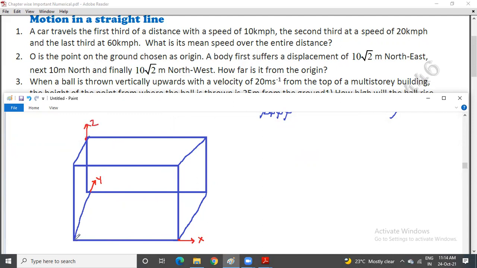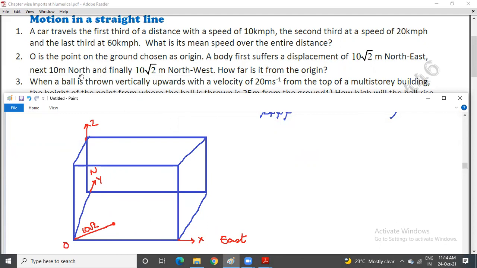Now body first suffers. So you also treat it as north. This is east. So body first suffers 10 root 2 northeast. So let us say this is 10 root 2 northeast. Now this is a fresh origin.